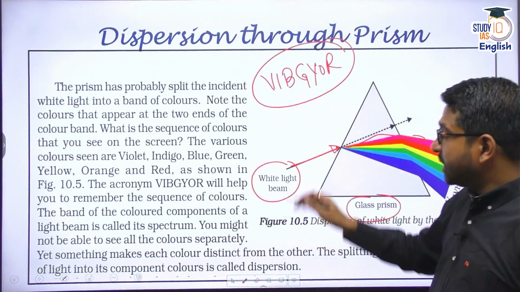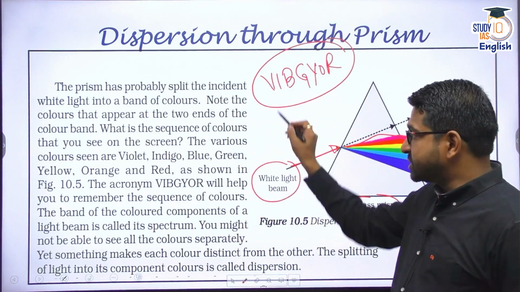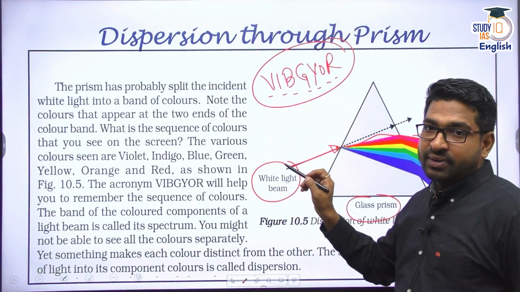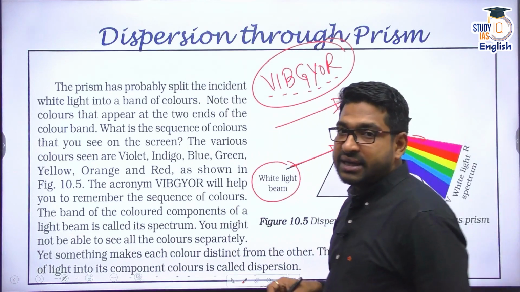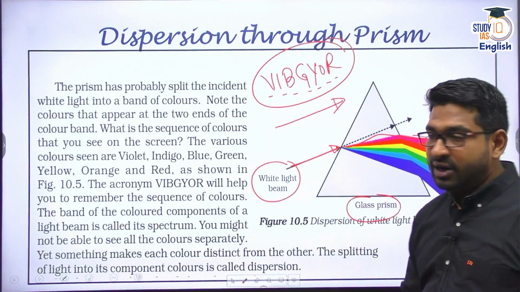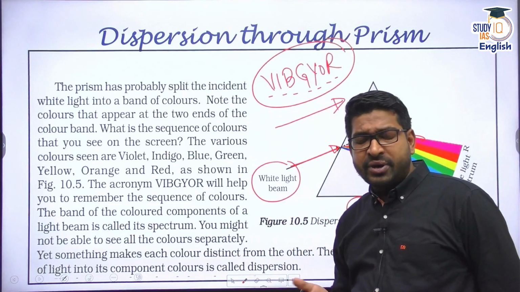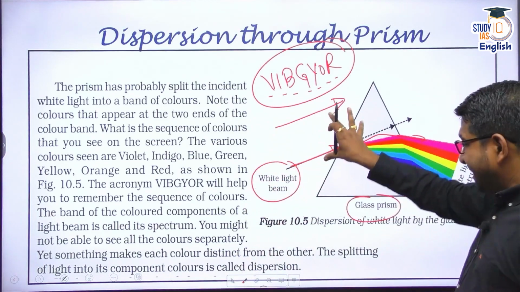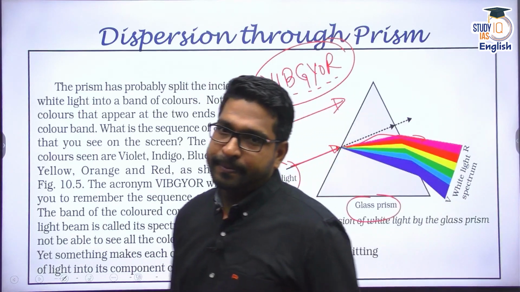White light, the sunlight, comprises 7 colors: violet, indigo, blue, green, yellow, orange, and red. This is in the order of increasing wavelength, from 400 to approximately 750 or 800 nanometers, because that is the visible range that we have. When we pass white light through a prism, it breaks into its constituent colors.